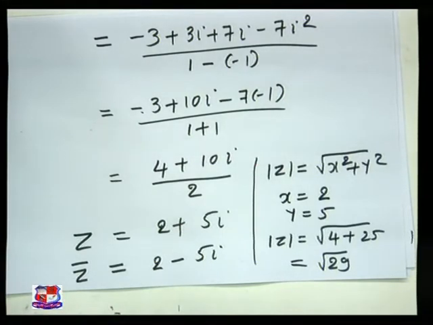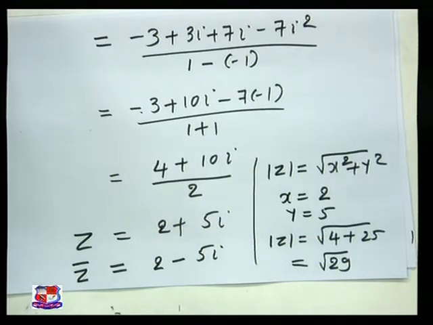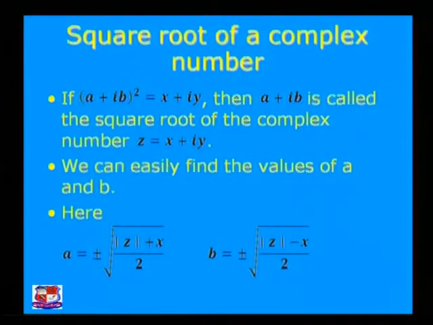So now let us move to our next topic, which is how to find the square root of a complex number. So here, if we want to find the square root of the number x plus iy, then if (a plus ib) whole square is equal to x plus iy, then a plus ib is called the square root of the complex number z is equal to x plus iy.